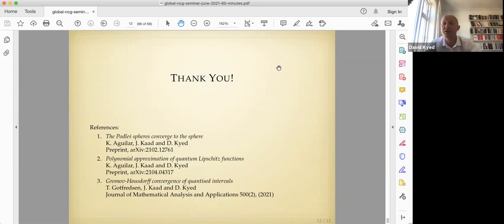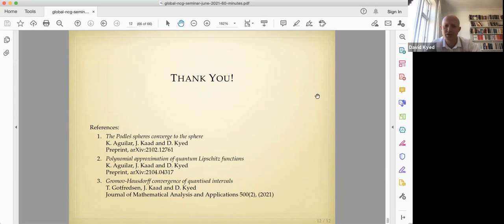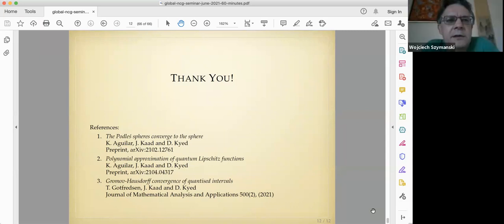And I don't even know whether it is particularly difficult. Actually, I'm not 100% sure if the Dabrowski-Sitarz Dirac operator at Q equals 0 works well. So that was my related question.